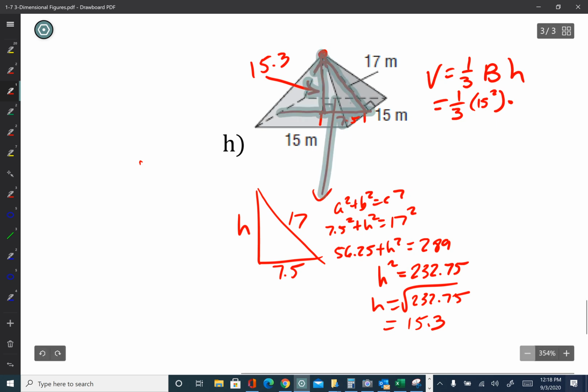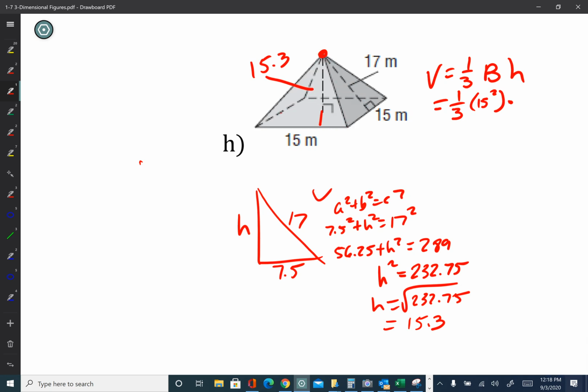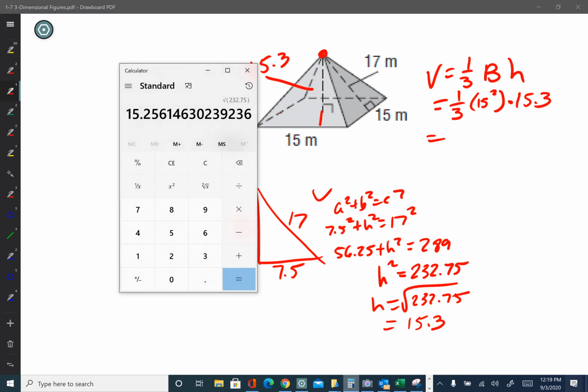All right, so now we got what we need to know. We now know the height of the pyramid. It's 15.3. And we can just multiply that out, right? So we got 15.3 times 15 squared times, if I want to do 1/3, I'll just divide by 3.